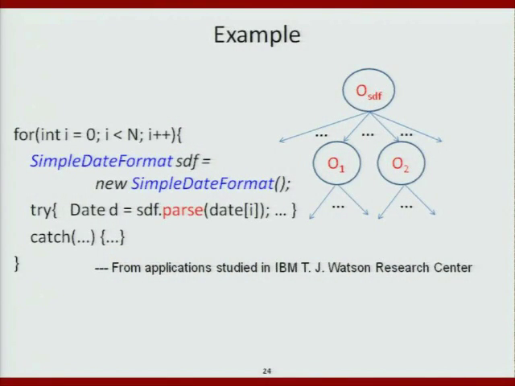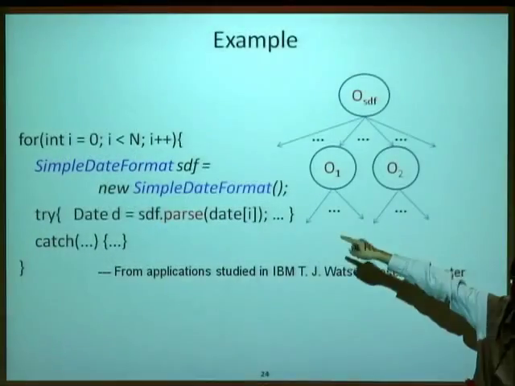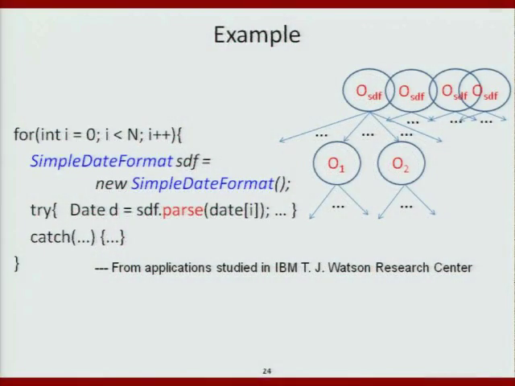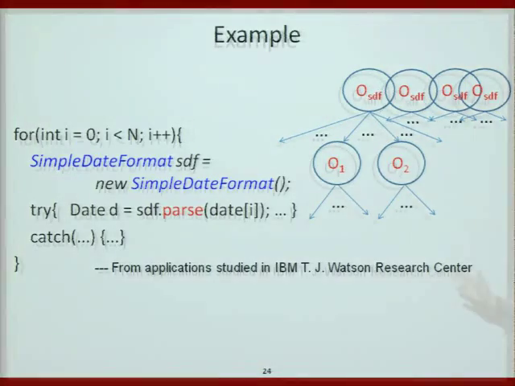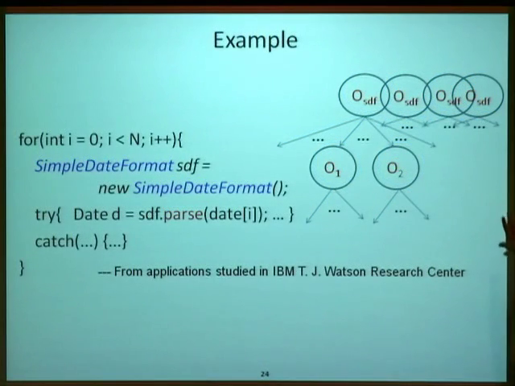So it's easy to see that this entire data structure, reachable from this SDF, which represents this allocation site, gets created many, many times by loop iterations. And all their instances are exactly the same. In many cases, creating an object using the new keyword in Java is much more than allocating the space for the object.